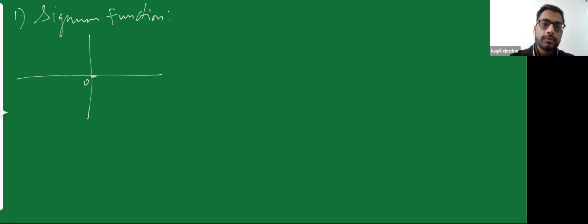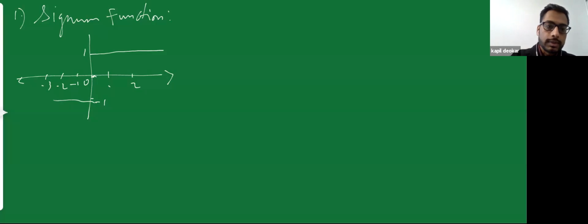However, if the value of x is greater than 0, then the value of y is always 1. So for all the positive values of x, you are going to get y value as 1. And if the value of x is any negative number, then the value of y is -1.